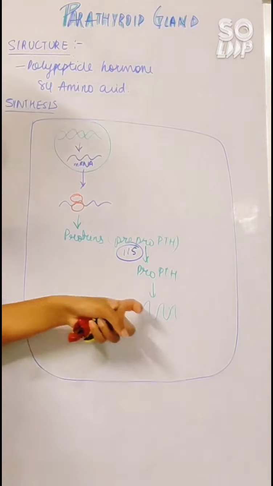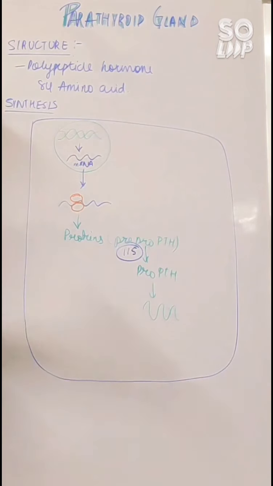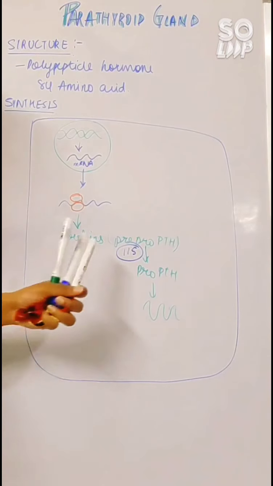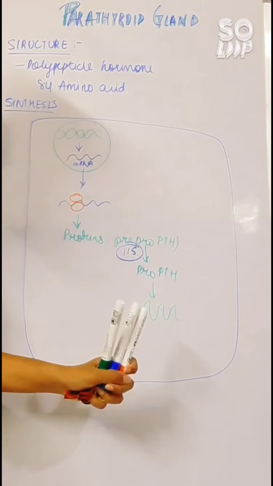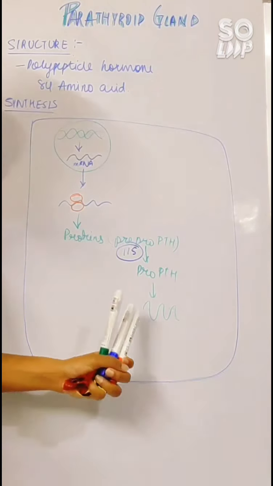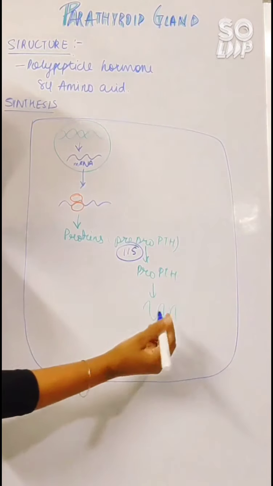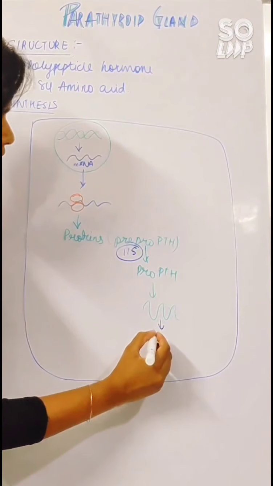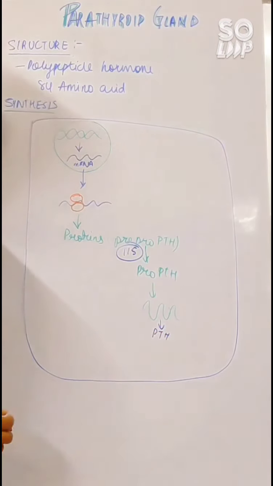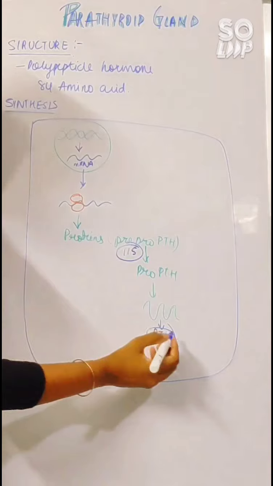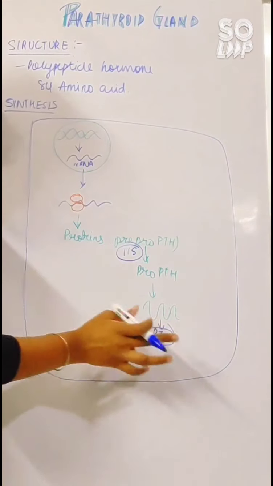So first they modify it, package it, and then transport it. When the pro-PTH gets transported to the Golgi apparatus, it modifies the pro-PTH into PTH, and this PTH is quickly transported in granules.